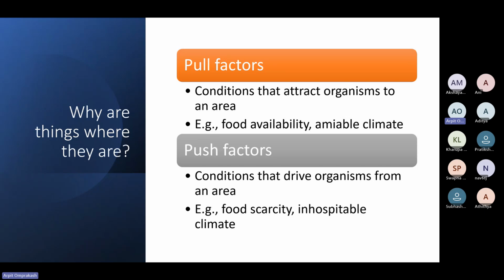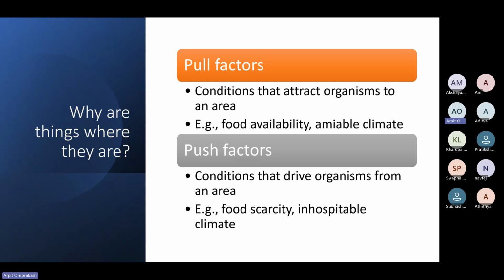And there's a lot of rain or dryness depending on whatever the species wants, a lot of water or less water. And food availability can be prey presence, or if it's a herbivore, then presence of plant material, and if it's plants, presence of sunlight and water. So these are pull factors that attract an organism or a species to a given area.